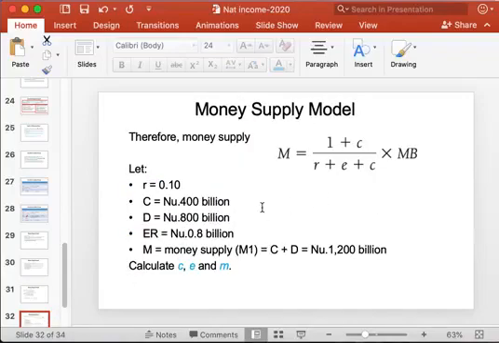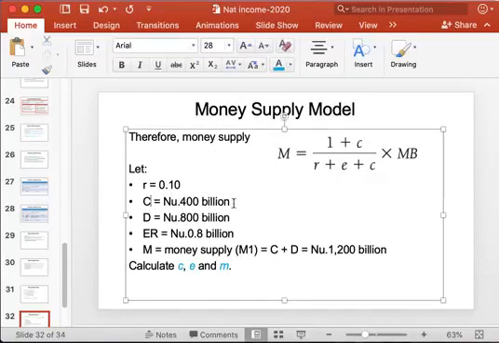So here is an example with which we can calculate the money multiplier. For example, let the required reserve ratio be 10%, currency in circulation be 400 billion, and the checkable deposit be 800 billion.